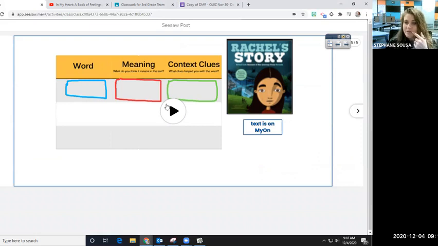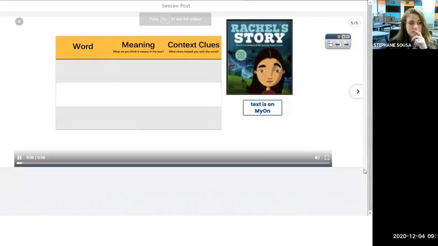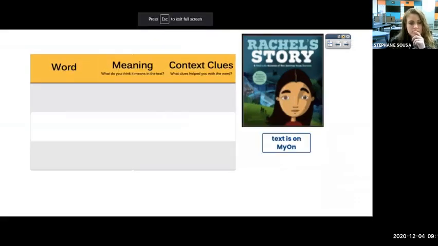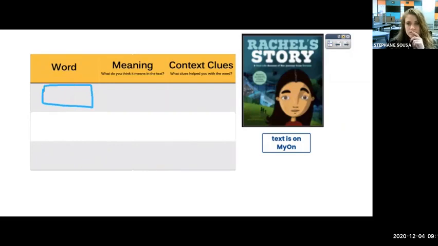So today, here is what your quiz is going to look like. This is what you are going to complete on Mayan. Here is your explanation. Today, you will be reading Rachel's story. The text is on Mayan. You will be given a word, and you will need to determine what the meaning of that word means in the text.